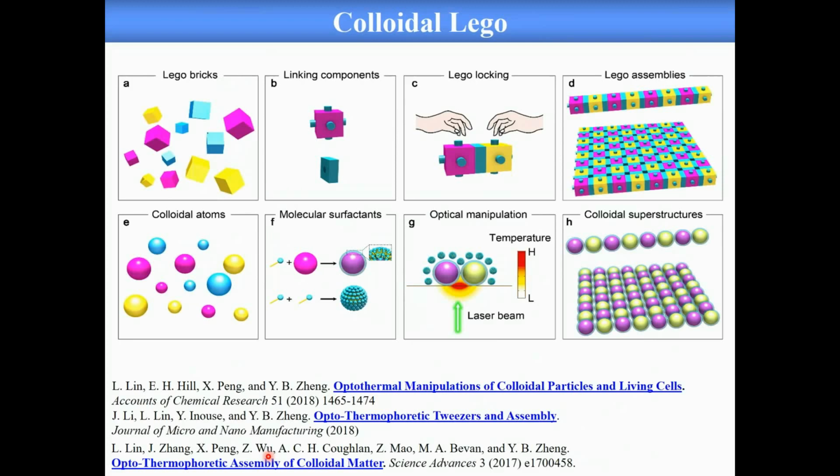So now we have the capability to capture the particles, arrange them, and introduce bonding between them. So what do we need to do for Lego? We bring the Lego pieces together and click them through a mechanical click. Here, because we introduced the artificial depletion attraction, we can do a similar thing, just like playing Lego.